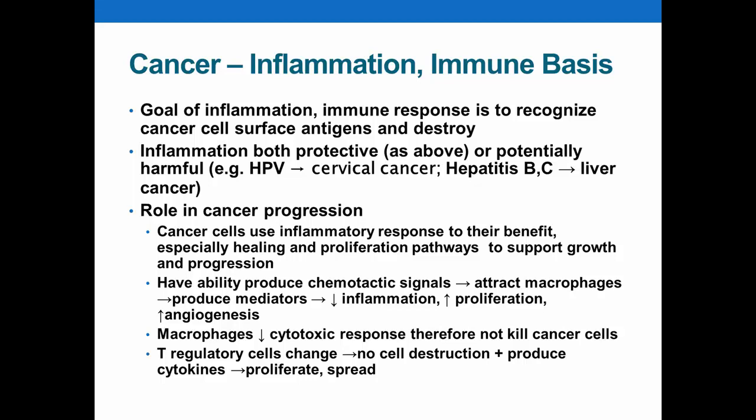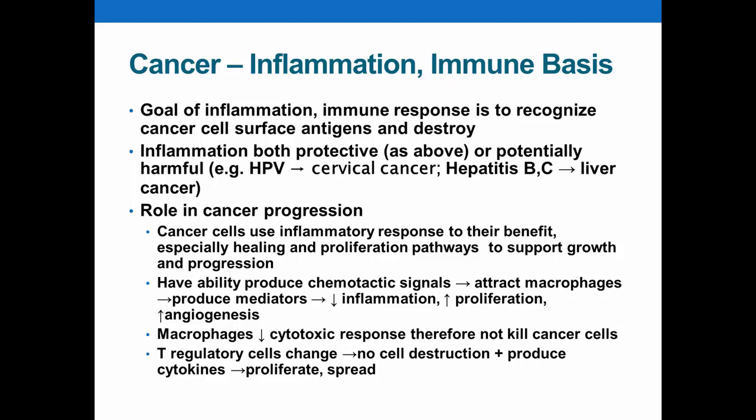Inflammation is both protective, that ability to recognize and destroy, or it can also be potentially harmful. And this is what we see in HPV and the role of inflammation in the human papillomavirus in becoming cervical cancer, or the risk of hepatitis B and C becoming a liver cancer.